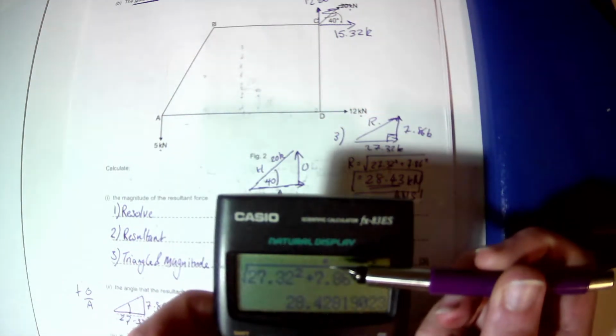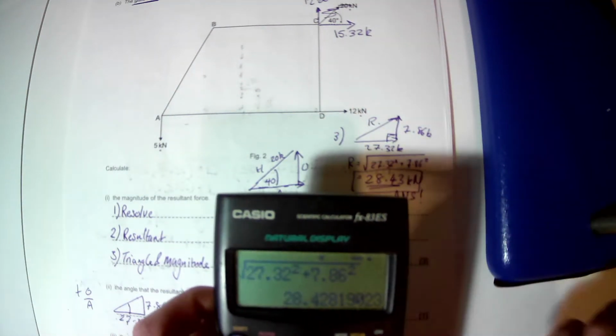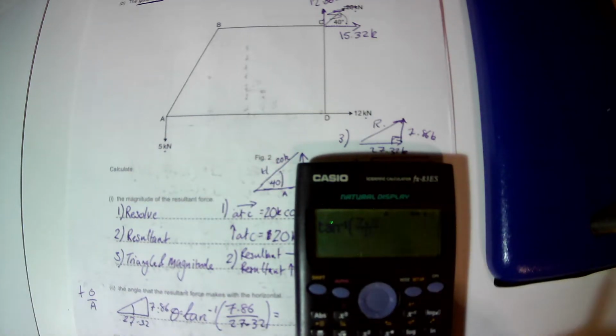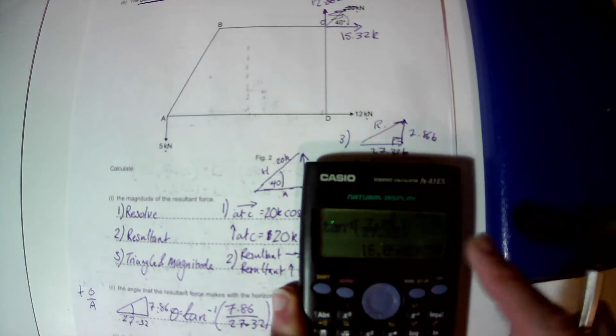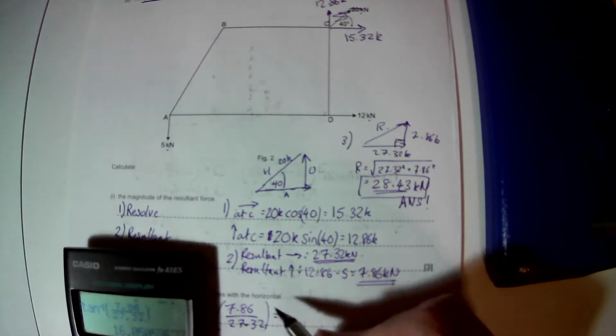I put that into my calculator, making sure, of course, that my calculator's got a little d for degrees, not a little r for radians. So here's our fraction, 7.86 divide 27.32, and we make sense of our answer. We've got 16.05 degrees.